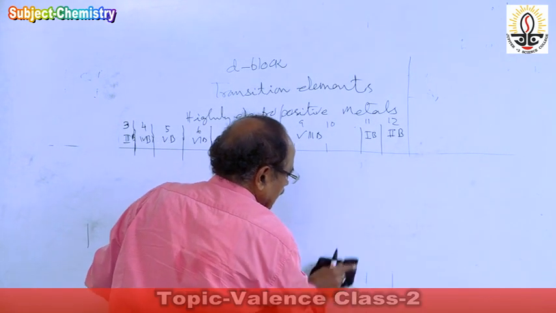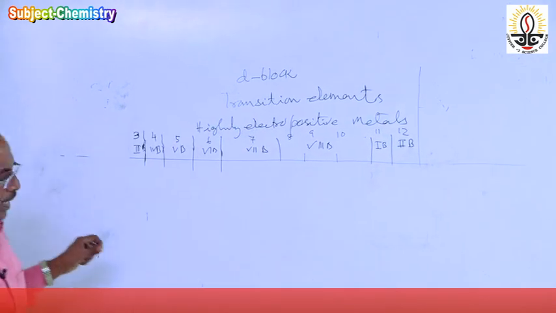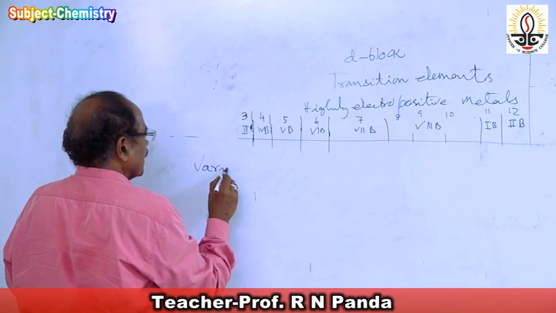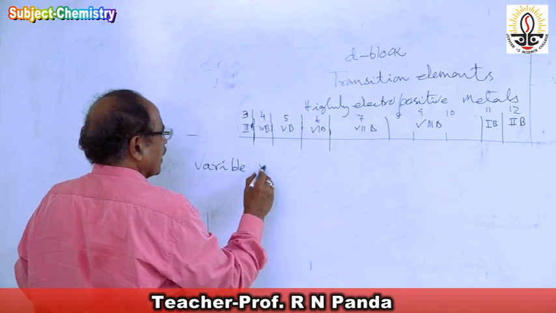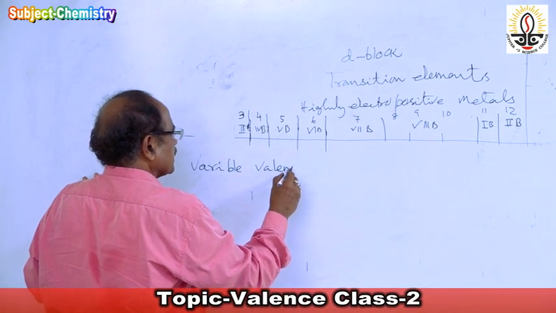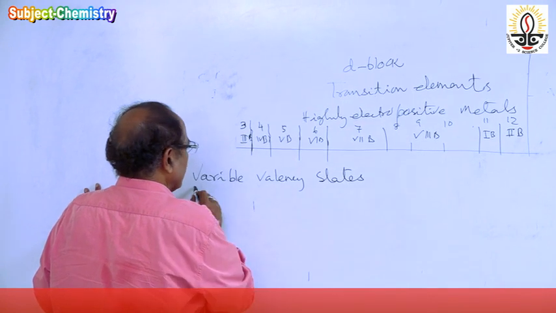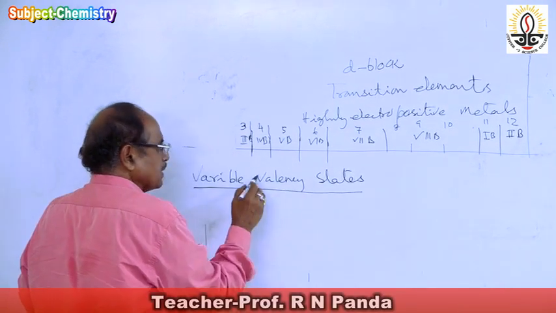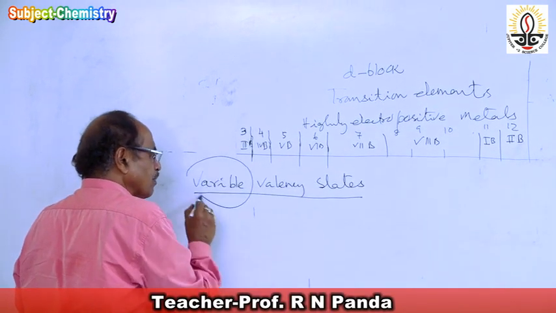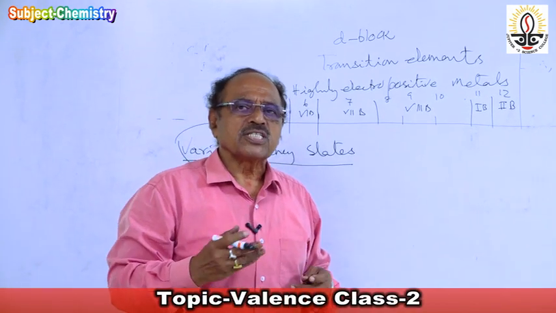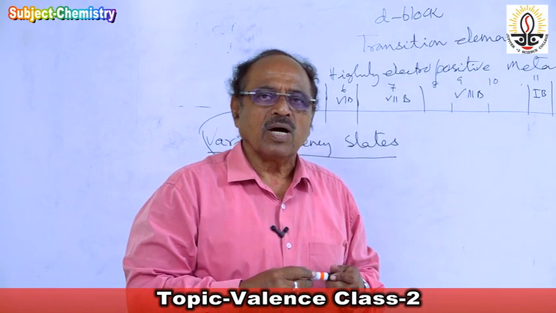Because of their electron configuration, all these elements exhibit variable valency states. What do you mean by variable? Variable means which can go on changing.